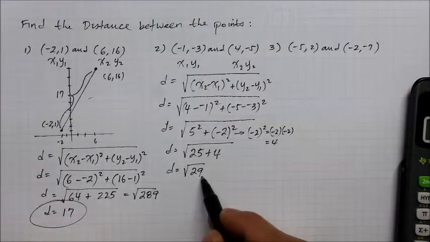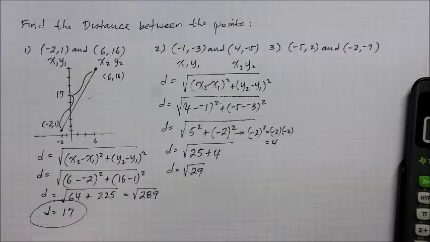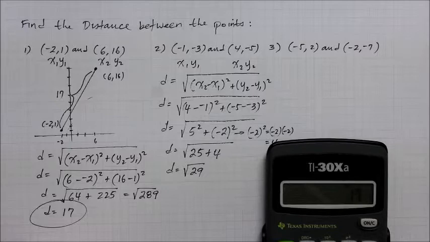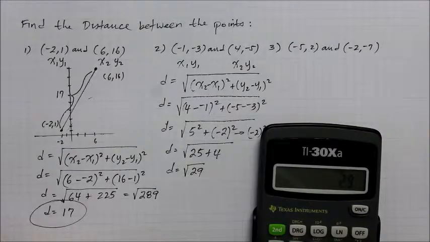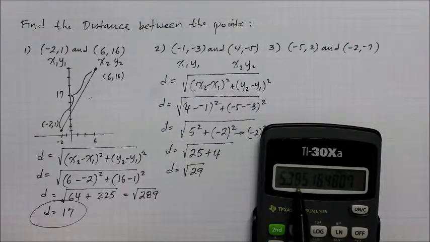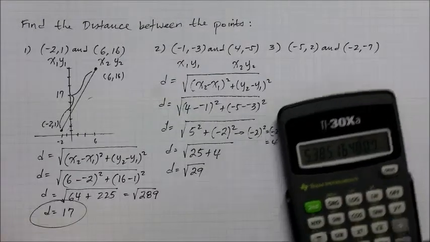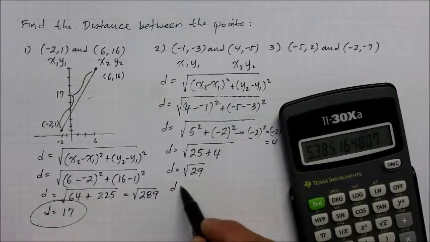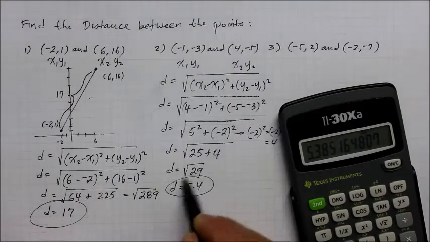Obviously, that is a prime number. Let's figure that out. 29 square rooted is approximately, if I round to the nearest 10th place, which is a 3, and since the next number over in the 100th place is 5 or greater, it's going to be 5.4. Rounds up to 5.4. And there's your distance.